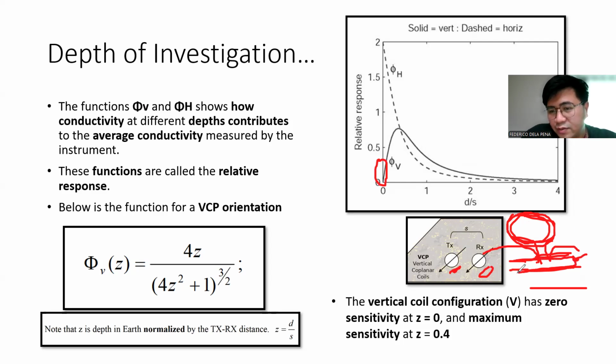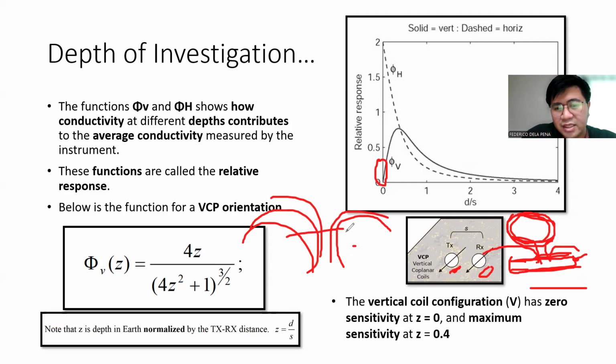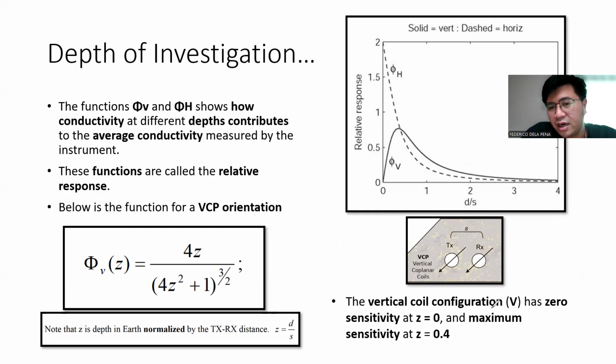Now, if you have shallow objects, typically the magnetic field lines of any object will initially start as vertical field lines, and then they will branch out into horizontal lines as they travel further. So most of the signals perceived by the VCP are signals from deeper objects. As a consequence, the shallow part of the subsurface is not really read by the VCP.